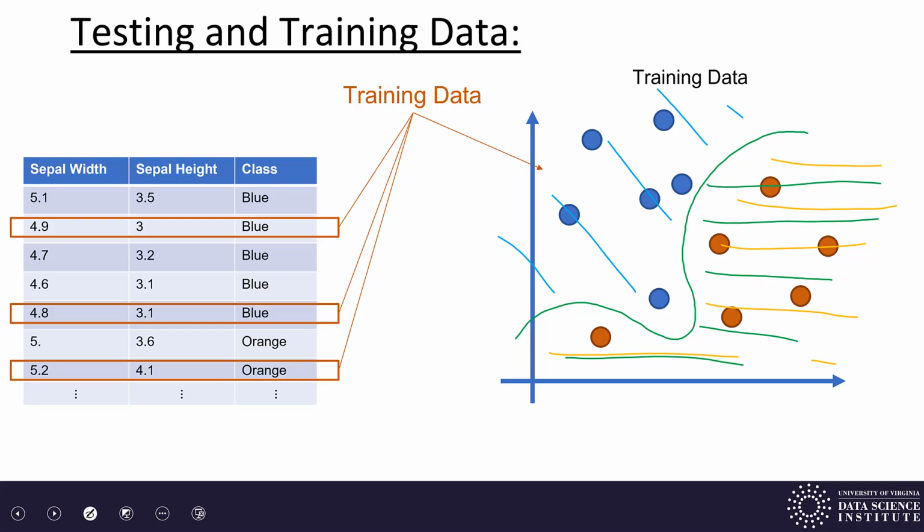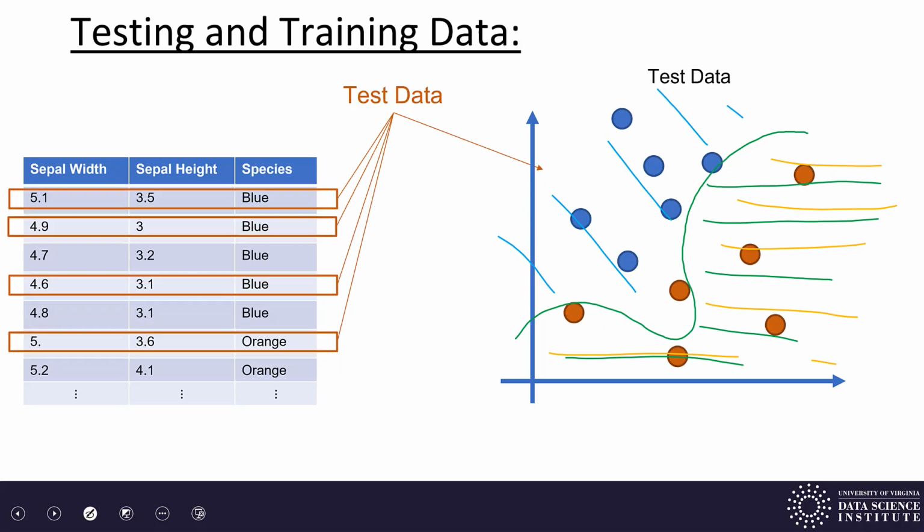But now I pull out my test data, which was all my data points other than my training data, and I find, uh-oh, I've got a data point here that was outside of my boundary for its class.